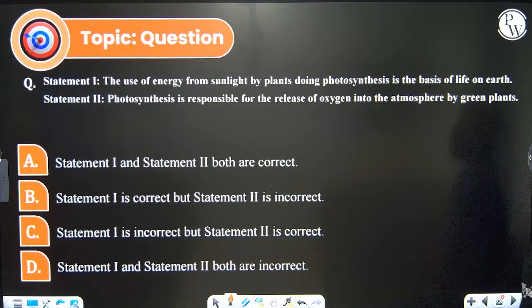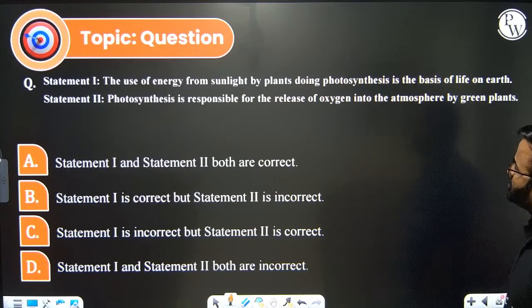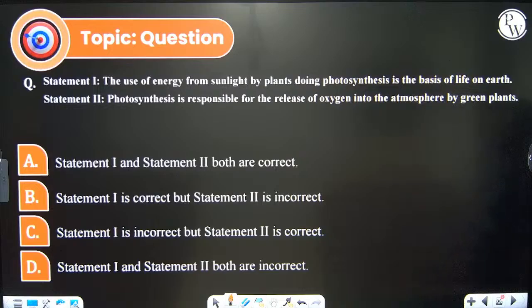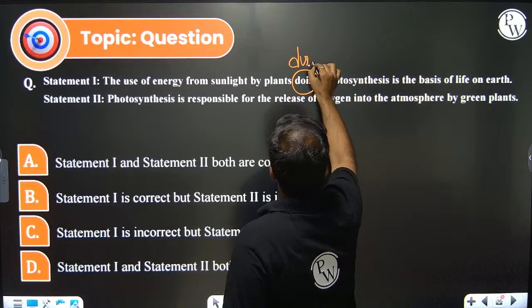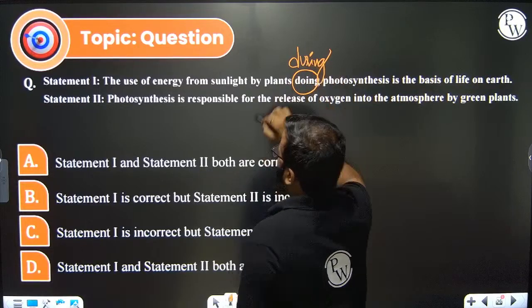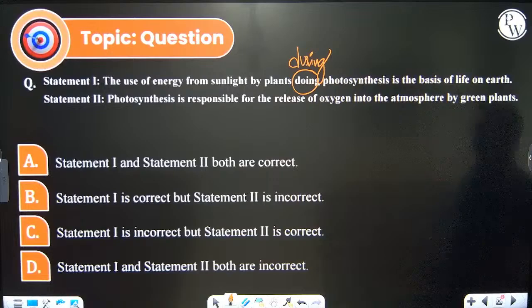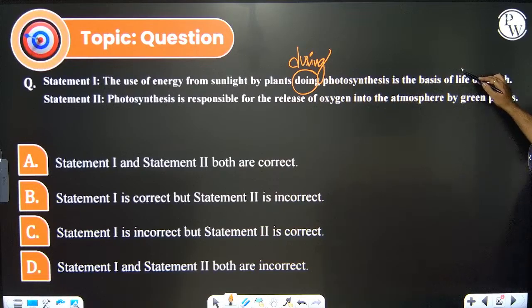Next question. The use of energy from sunlight by plants during photosynthesis is the basis of life on the earth, which is true as a statement.